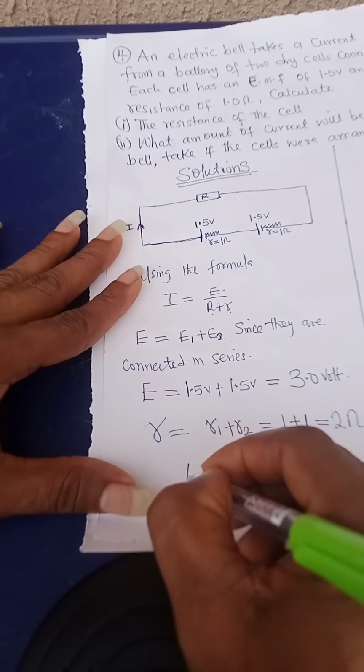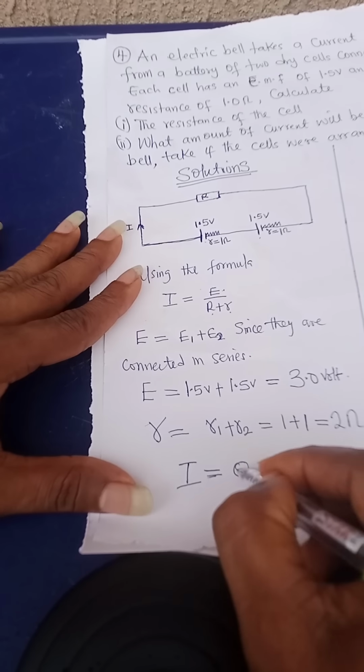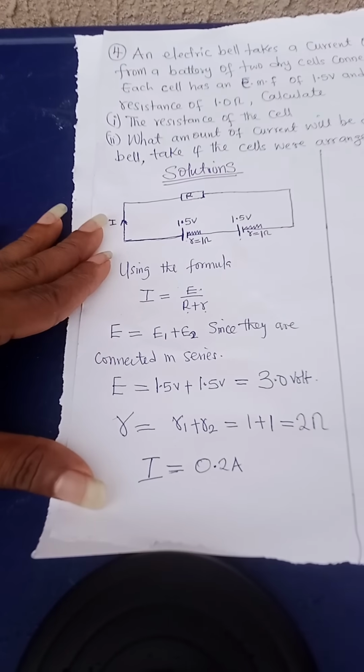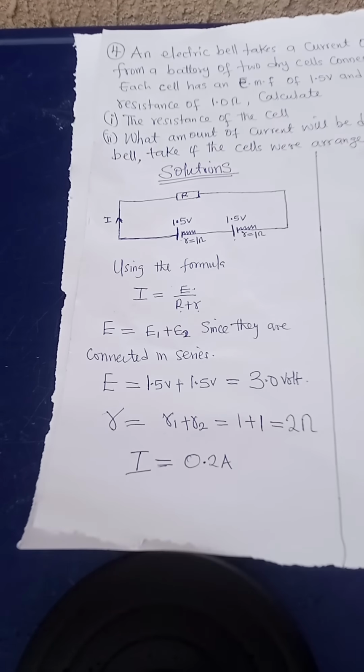And don't forget that the current I that is passing across is 0.2 amp. So we have all these parameters, and because we have all these parameters, you can now solve for the external resistance.